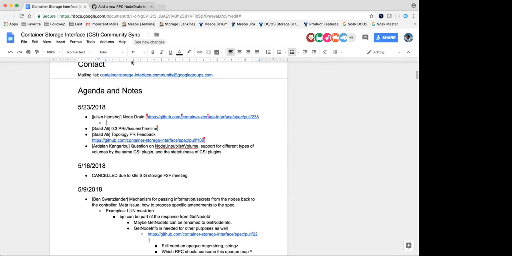The problem is, I think the assumption that you're making here is that the CO has a definite source of truth that it can hand over to the plugin. And that may not always be true. For example, when the kubelet starts, it doesn't know what should be running on the machine, and it may not know for some period of time as it talks to the API server to discover that.